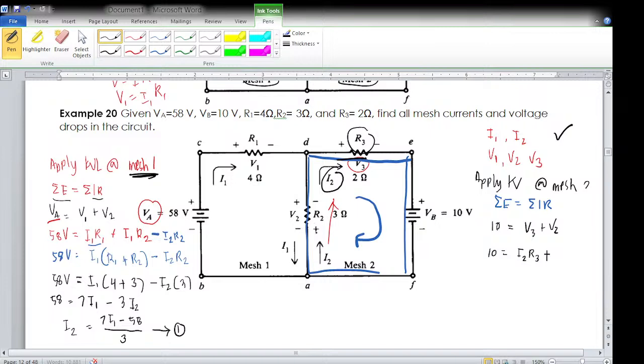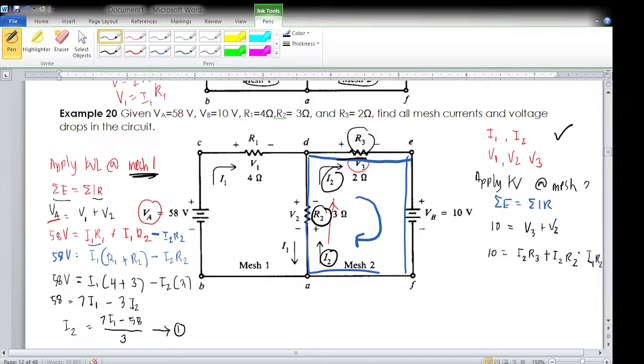Here is V sub 2. It's the same: you'll have I2, R2. That is the original. But on the other side, what is it? I1, ma'am. I1 times R2. What is the sign?